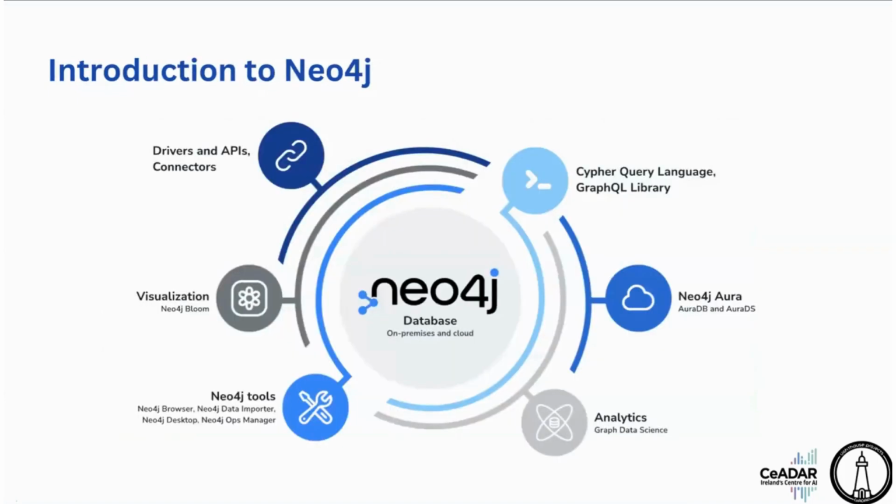So let's talk about what is Neo4j. Neo4j is a graph database and it contains a lot of operations and sub operations in it. One of the biggest is the graph data science library, which is used for graph analytics and everything. And one is AuraDB.